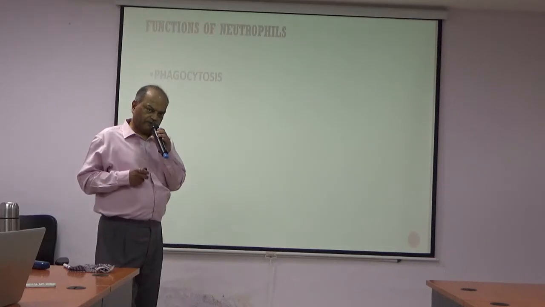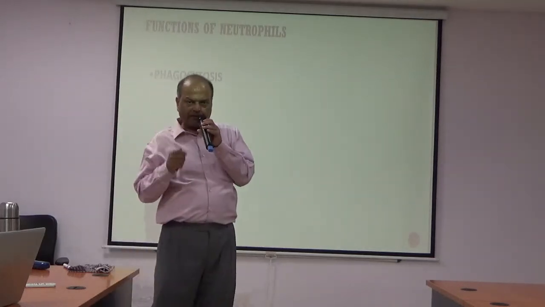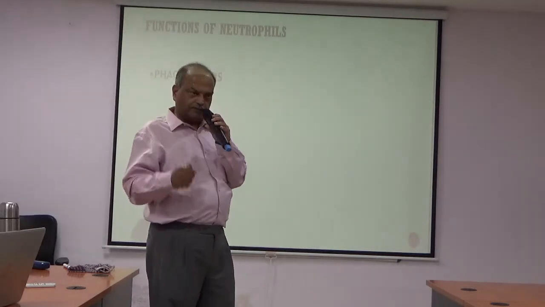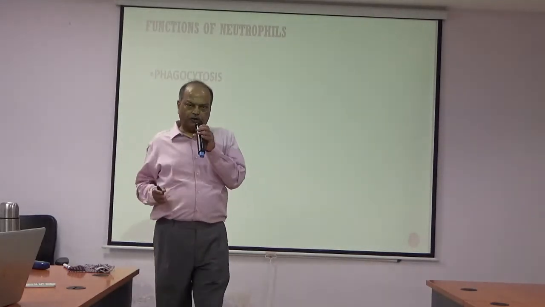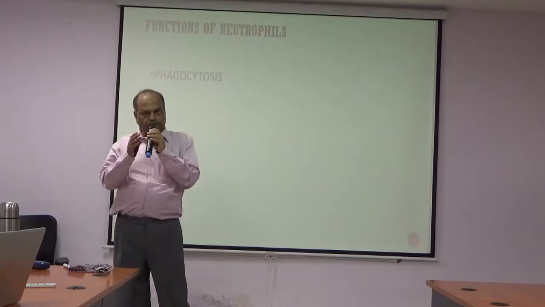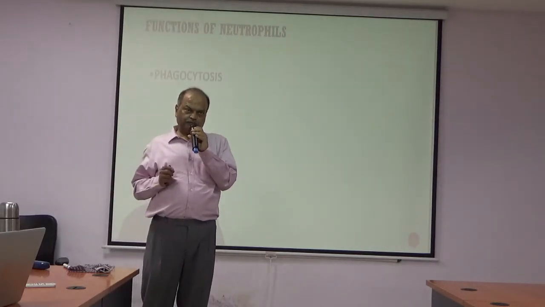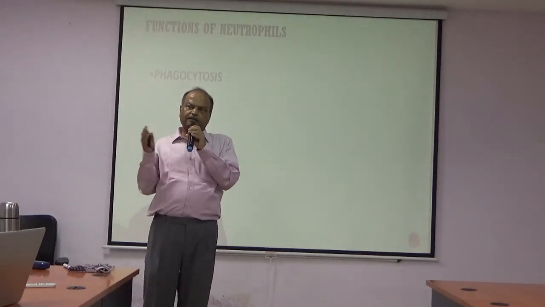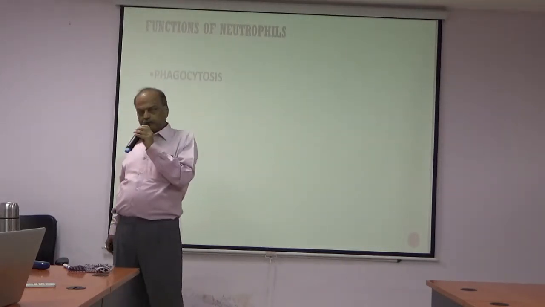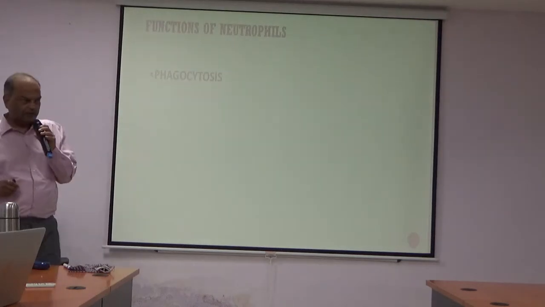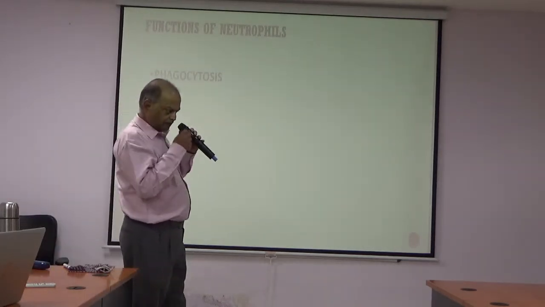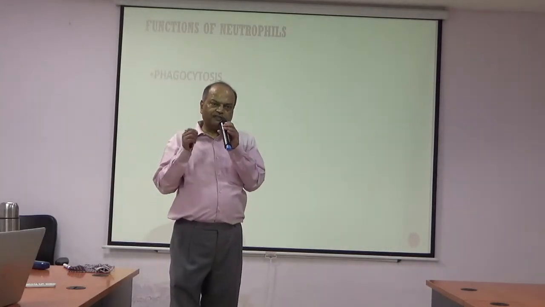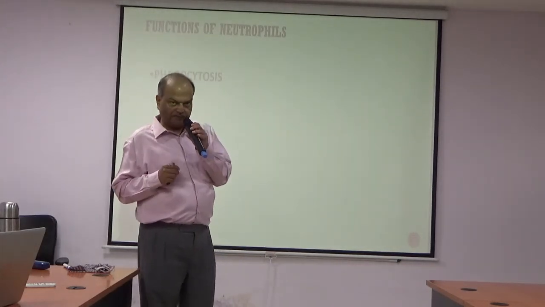What is opsonization? Supposing there is a bacteria. The immune system develops an antibody against this bacteria. This antibody will come and attach itself to the bacterial membrane. At the same time, this antibody attaches with the C3 component of the complement system.